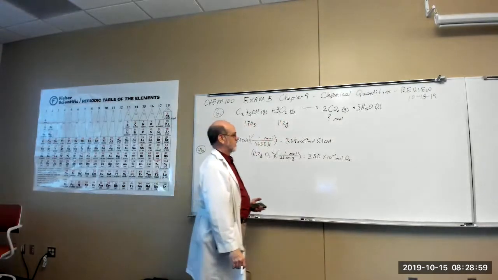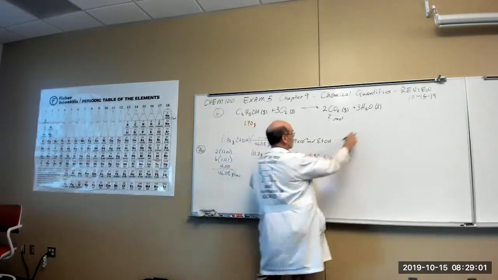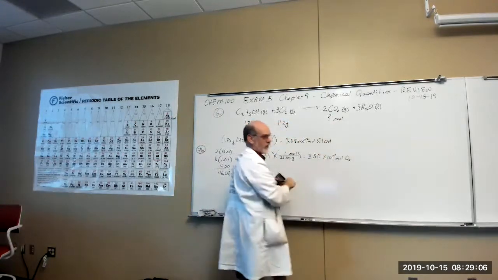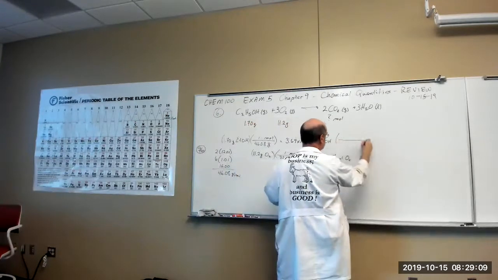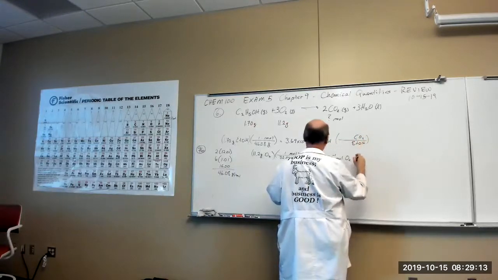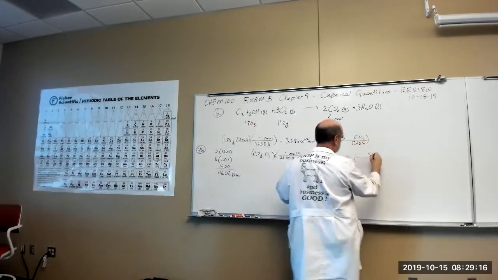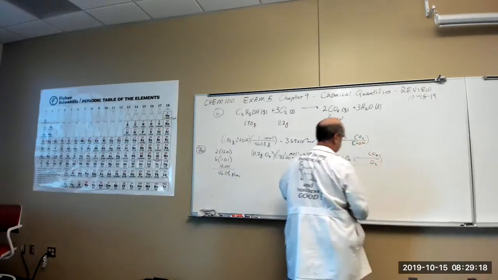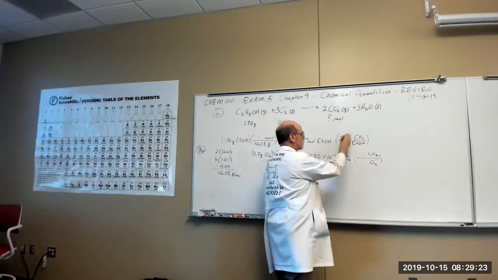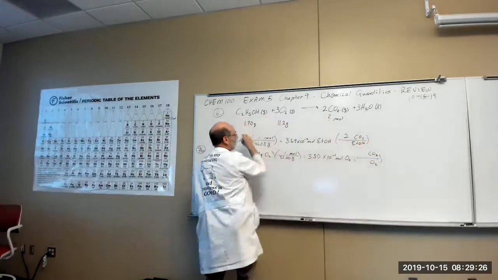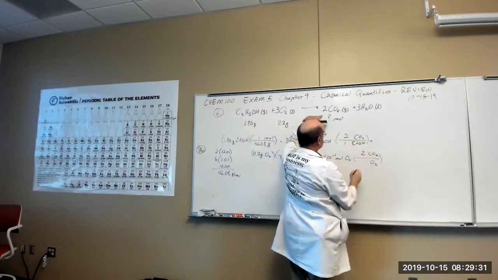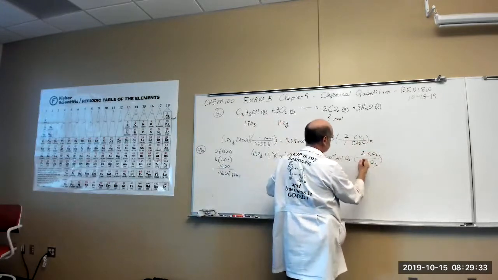We could answer the question of limiting using any product just as well, but we need to know this one, so let's convert this one to that one, and this one to that one. Now all we need is the coefficients: 2 for CO2 and 1 for ethanol. And for this one, 2 for CO2 and 3 for oxygen.